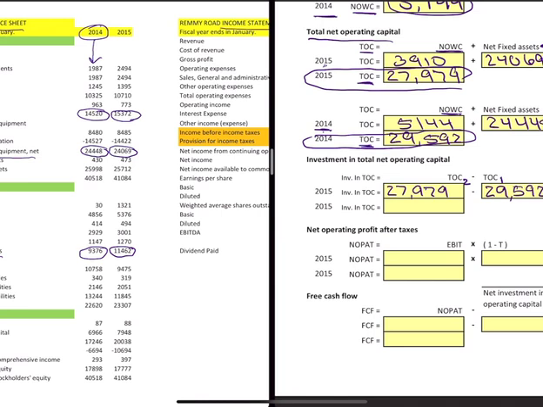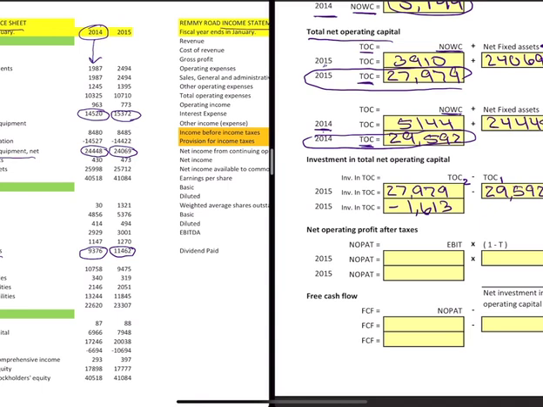So our 2015 total investment in operating capital is a negative 1,613. Okay, so that is our second part of our equation for calculating free cash flow. We have our investment in TOC, which is a negative 1,613.